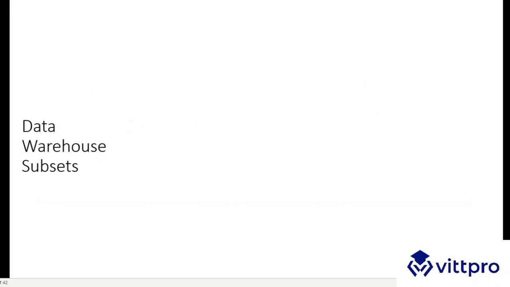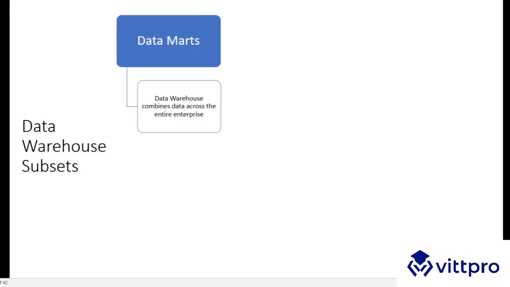Now, the data warehouse subsets. As we have discussed in our overview, we discussed the data mart. Data mart, as I explained earlier, combines the data across the entire enterprise and segregates it by use. If the data warehouse combines the data across the whole enterprise, analyzing the whole data will take a lot of time.